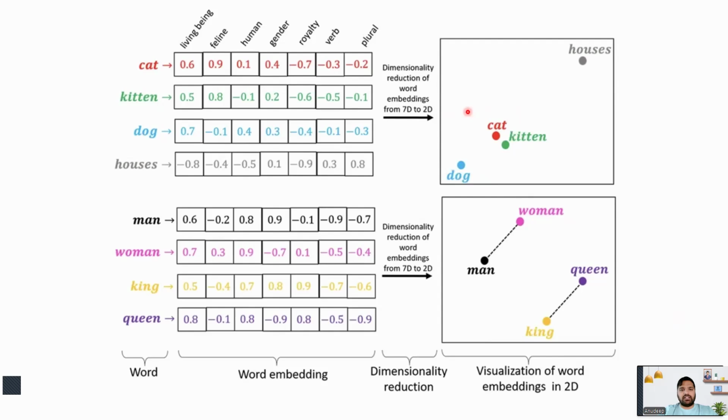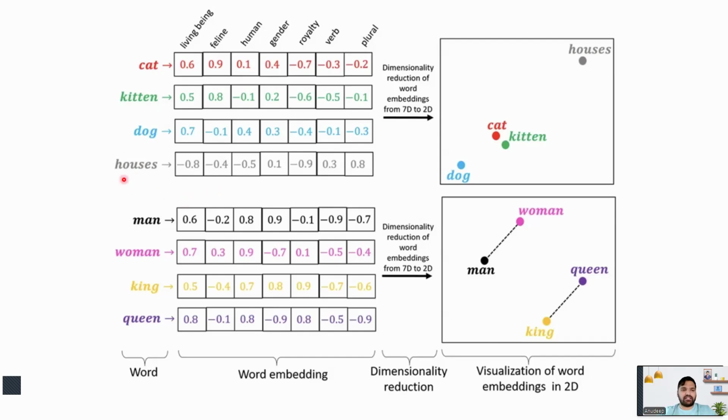Like this. Houses is a completely different word, so it is far away in vector space. So when I have all of this in one sentence, I need to bring them into one context. I mean, I need to bring them into one area so that I can do some semantic search.